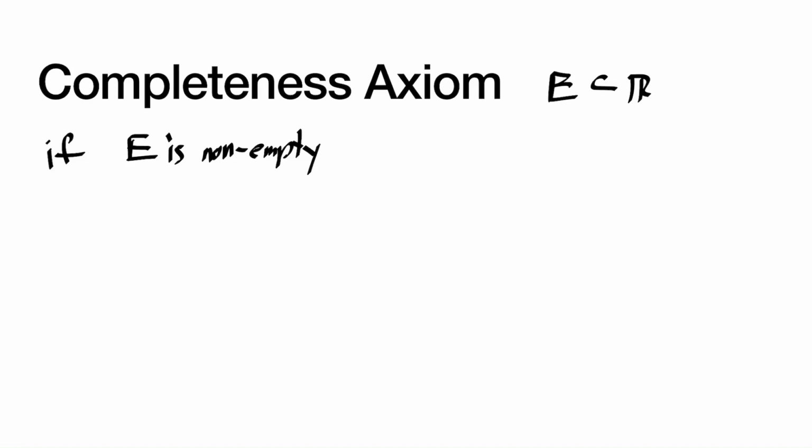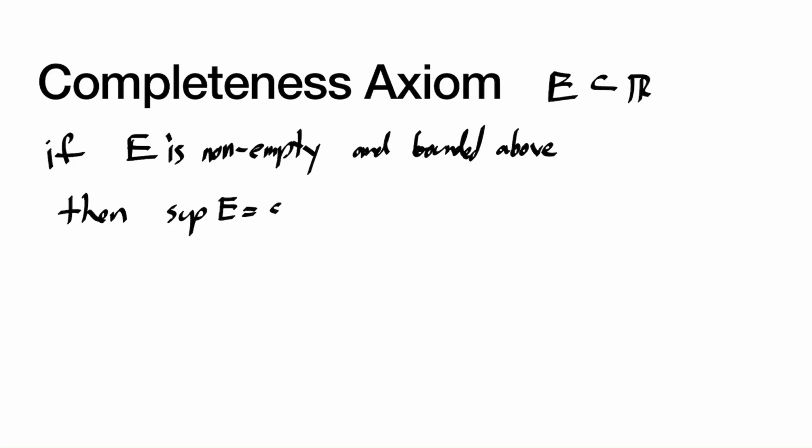So we always want to assume that our set is not empty. But if it's not empty and we want another thing, we want it to be bounded above. So if it's not empty and it's bounded above, then the sup of E, which I'm going to call the letter S, exists as a real number.